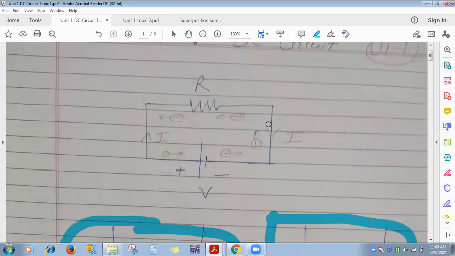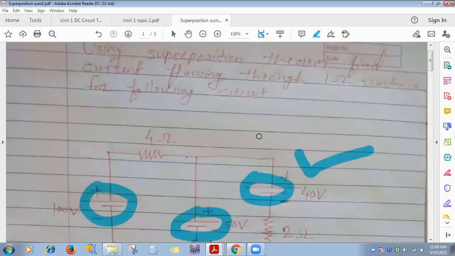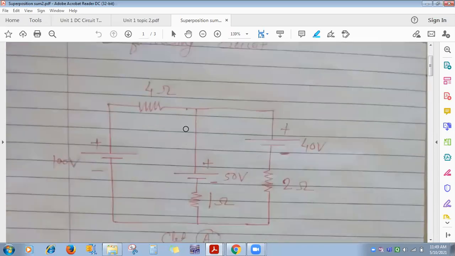Resistance, inductor and capacitor. So whatever circuits you are going to simplify in this unit have only resistances and not inductor and capacitor. So it's a combination of DC voltage source, DC current source and resistances connected in different fashion.